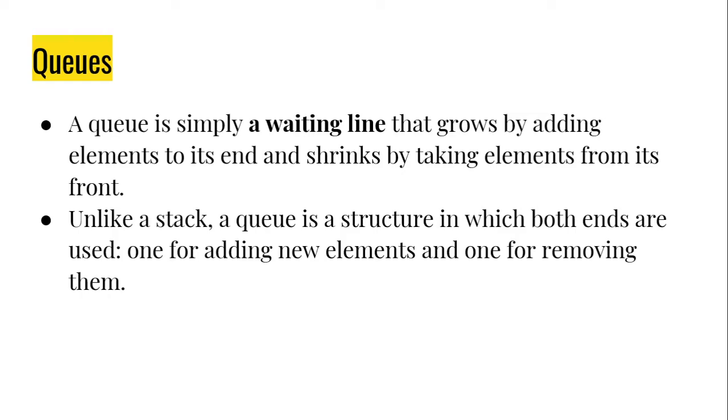In a queue structure, both ends are used. One end is used for adding new elements, which is the back end of the queue list, and one for removing the elements.